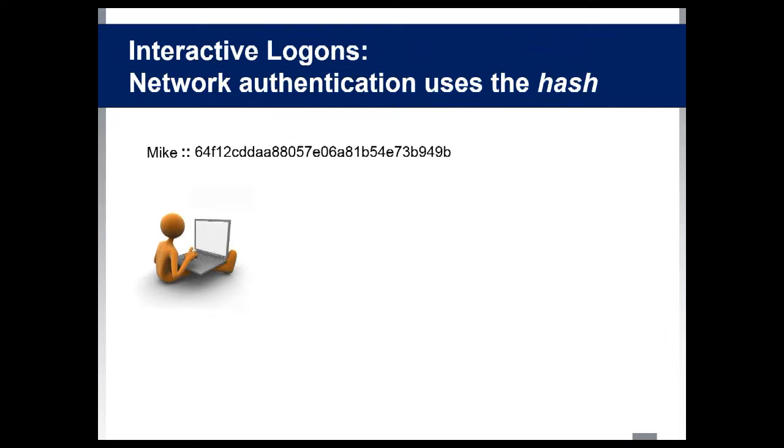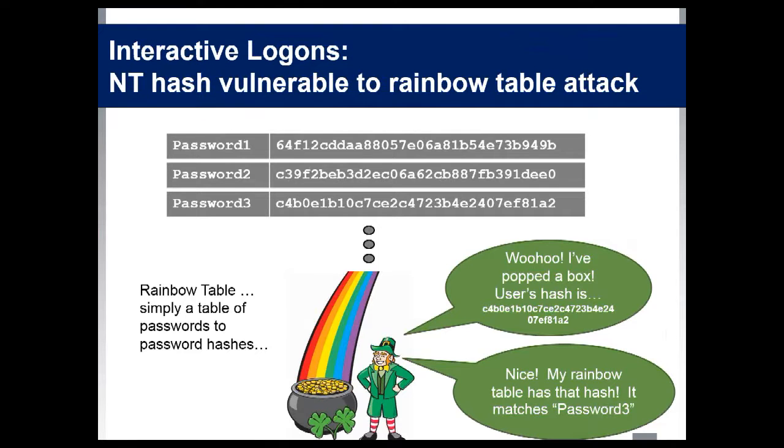The thing about it is, even if that weren't a problem, and let's say one mitigation step I should point out, we'll go back one slide. One mitigation technique I should mention about this is that the NT hashing algorithm is unique enough, and there's enough possible variations of it that once a password gets to a certain length, it becomes not feasible to create a rainbow table that's going to crack all of these possible passwords.